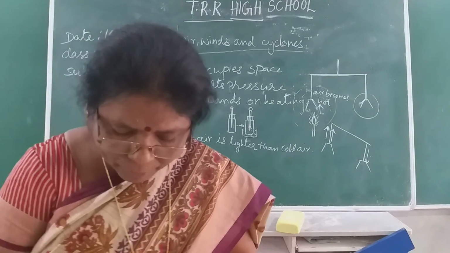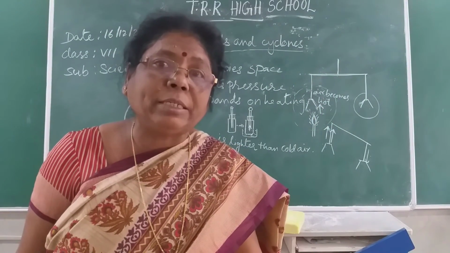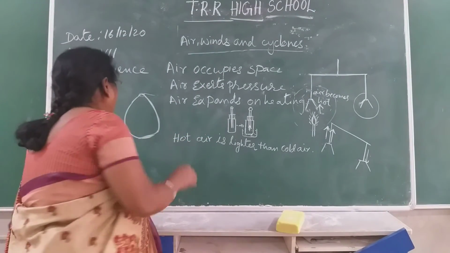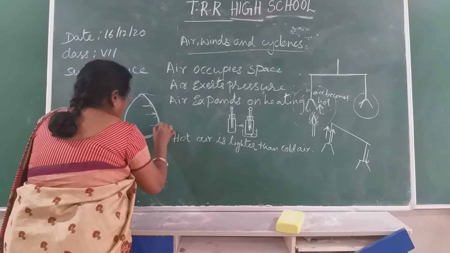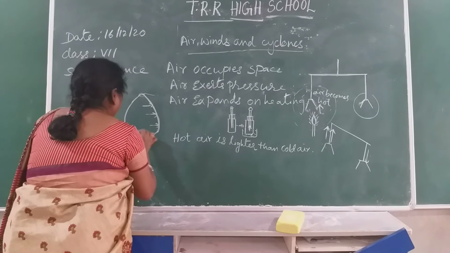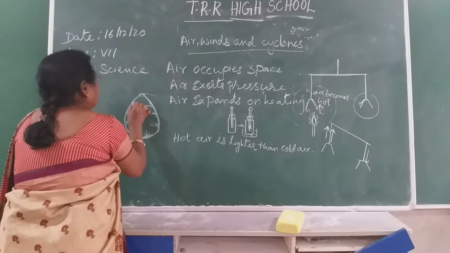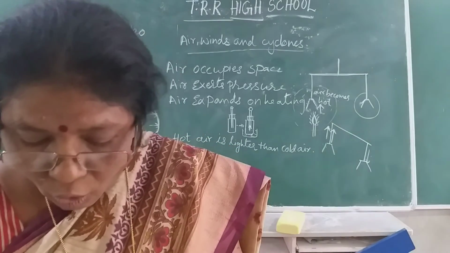Now, what happens? The balloon expands when you blow air into it, isn't it? So what happens? Air pressure is formed towards the walls of the balloon. Equal pressure is formed on the walls of the balloon.